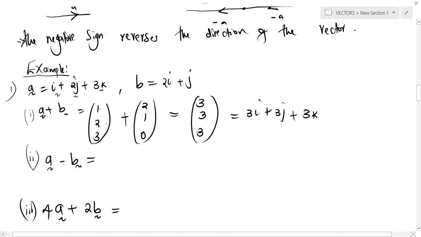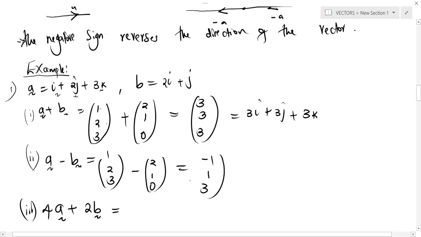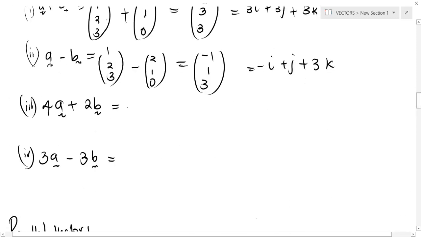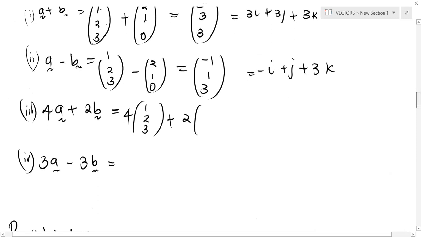In a similar manner, if we are to subtract A minus B, so 1, 2, 3, subtract 2, 1, 0. So subtracting that, we will get 1 minus 2, that's -1, 2 minus 1, that is 1, 3 minus 0, that is 3. So this basically gives us minus i plus j plus 3k. And finally, if we have 4A plus 2B, the column vector for A is 1, 2, 3 and the column vector for B is 2, 1, 0.